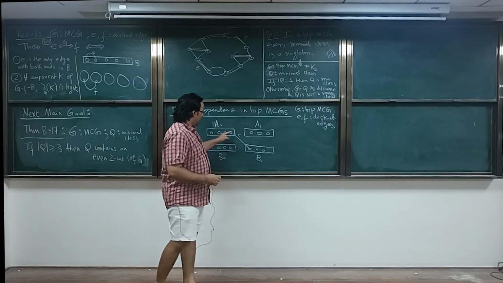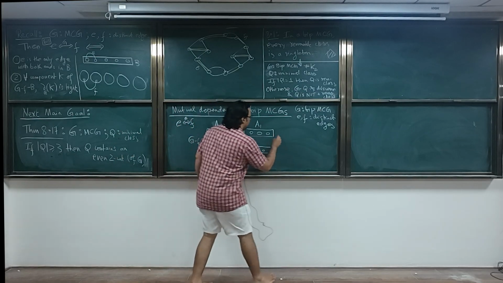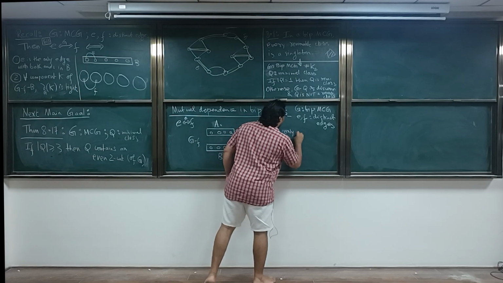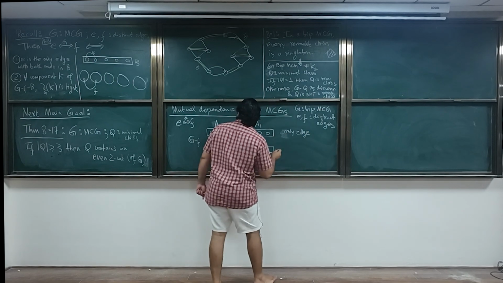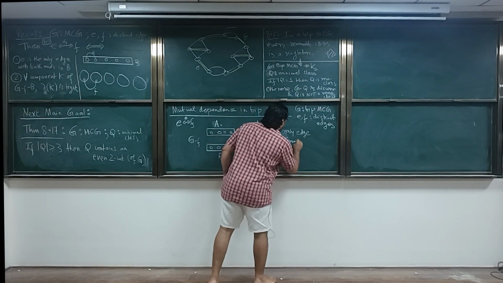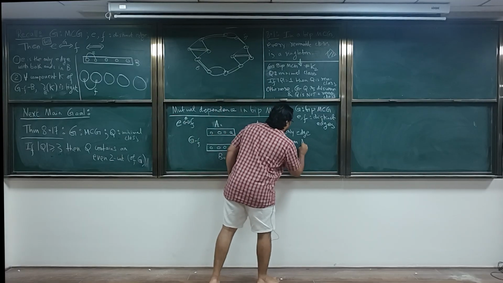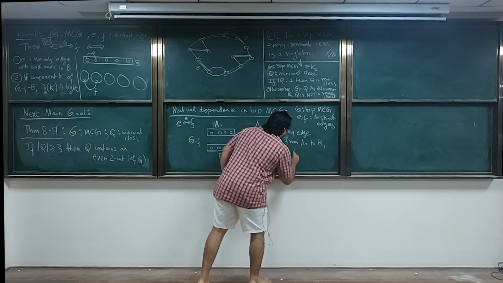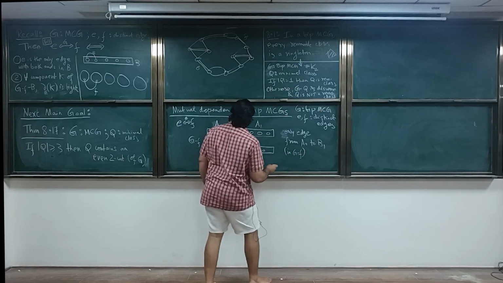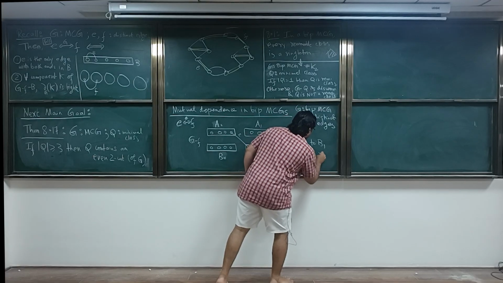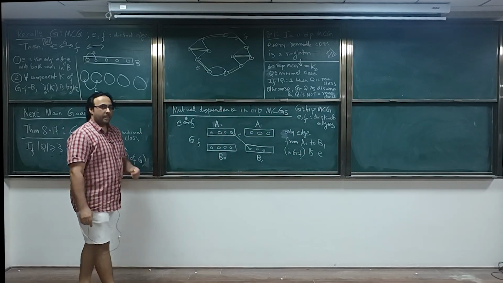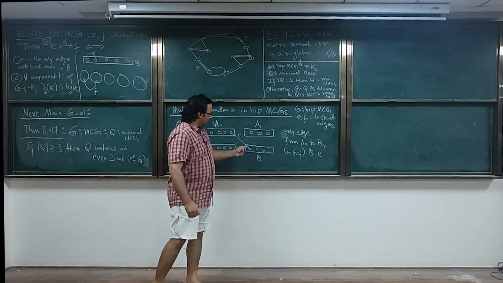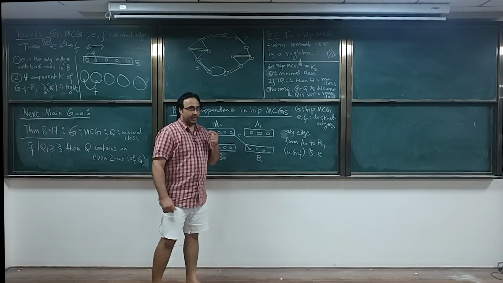So the only edge going from A0 to B1 in G minus F is the edge E, right? And now it is clear that this edge is not going to be matchable.